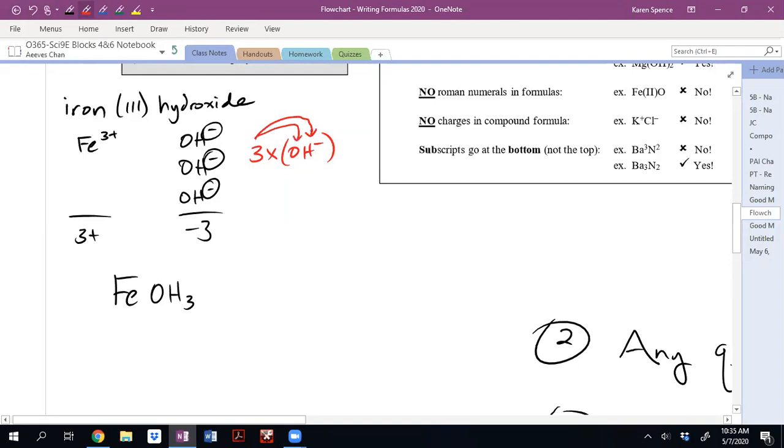I don't just have 3 hydrogen, I also have 1, 2, 3 oxygen. So I need to make sure that this little 3 applies to both the oxygen and the hydrogen. So I have to put it in brackets.